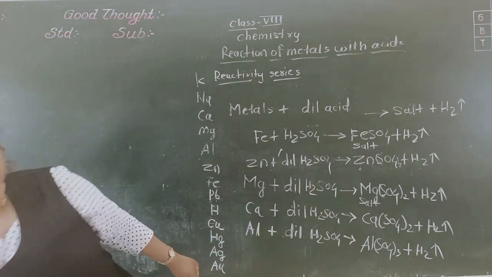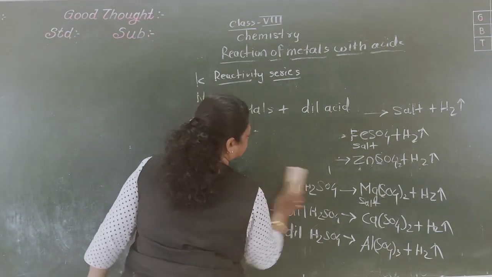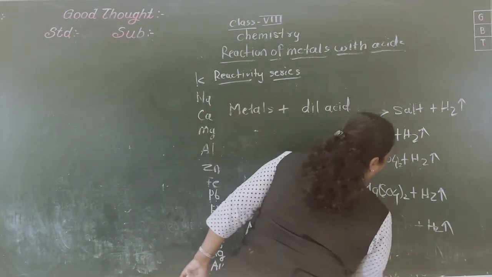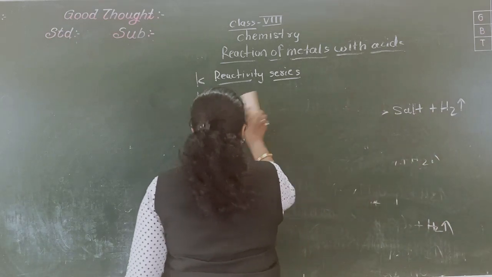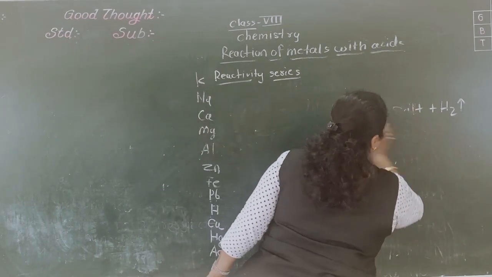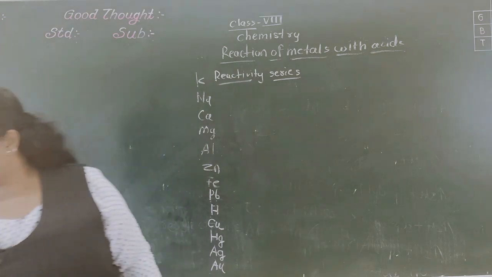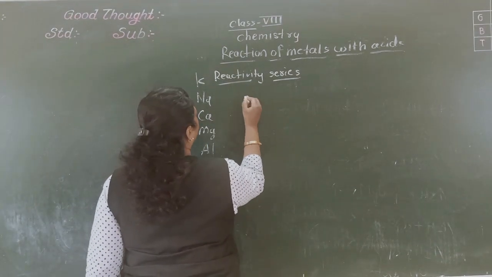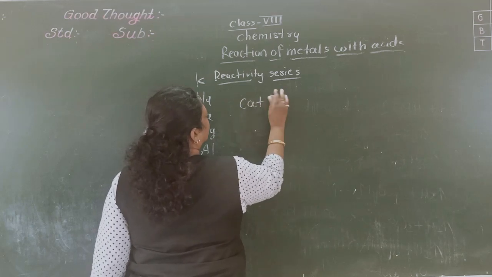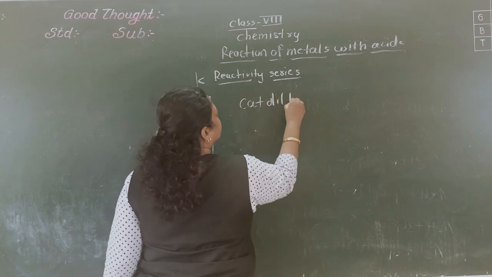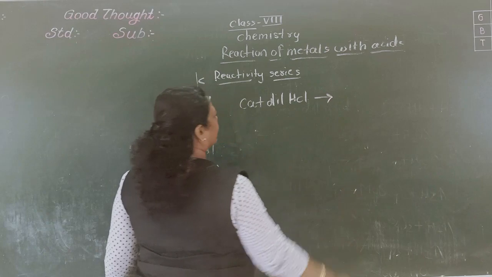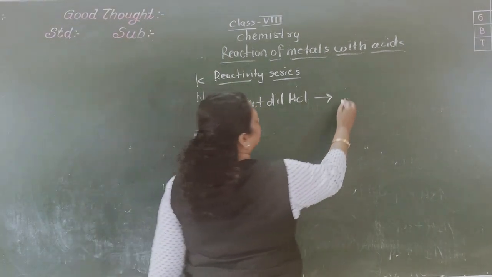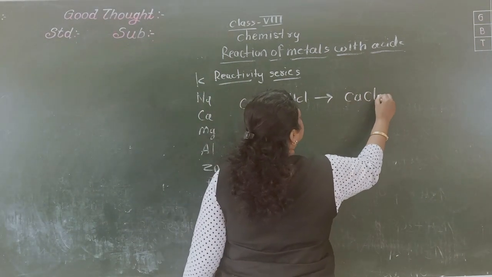Now we will take another acid. What is that acid? That acid will be hydrochloric acid. If we take hydrochloric acid, suppose we take calcium plus dilute HCl, what will get formed?